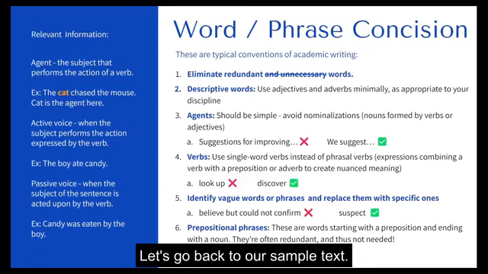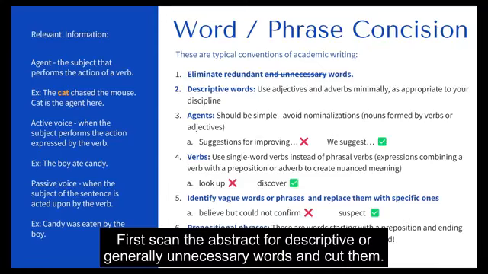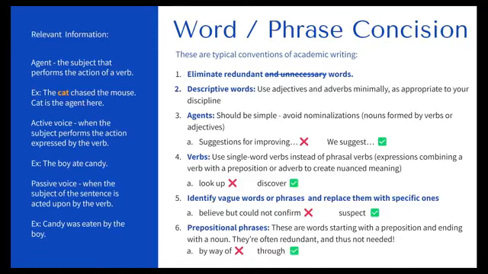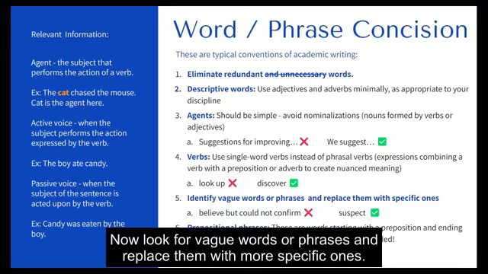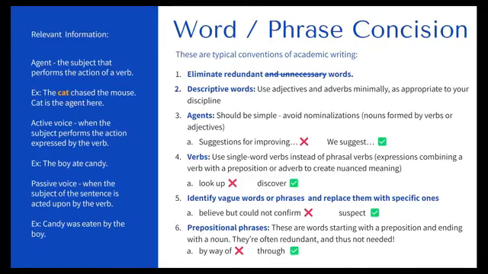Let's go back to our sample text. First, scan the abstract for descriptive or generally unnecessary words and cut them. Now look for vague words or phrases and replace them with more specific ones.